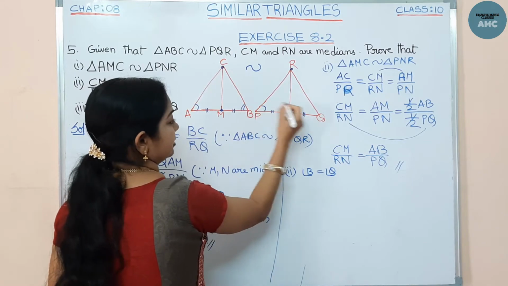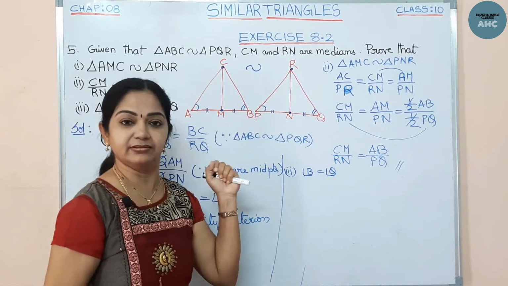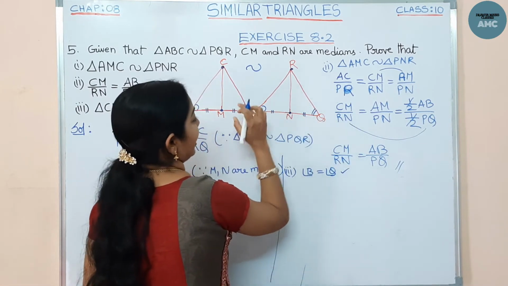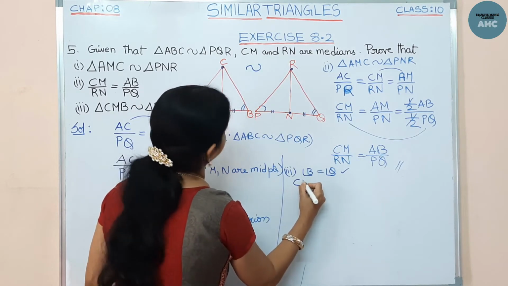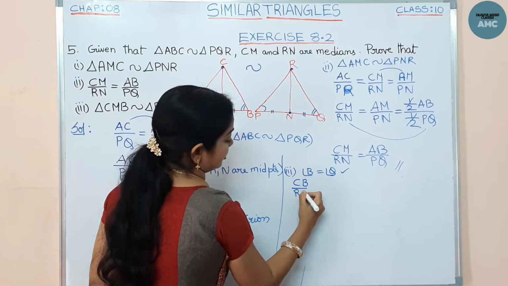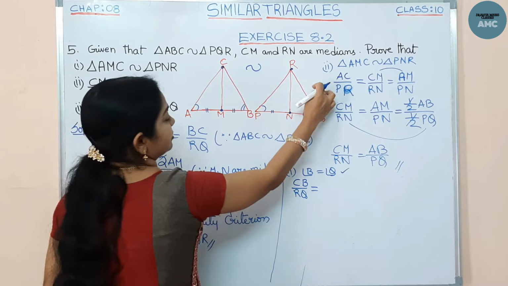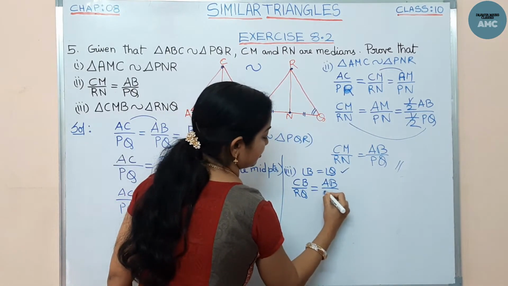This angle is equal to this angle since these bigger triangles are similar. Also these two corresponding sides, BC by RQ is equal to AB by PQ.